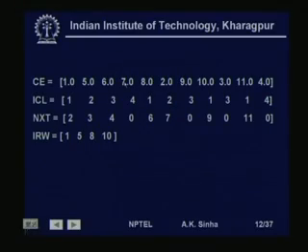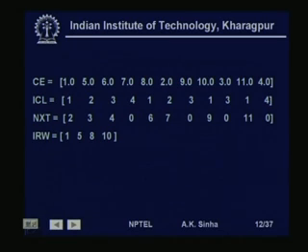So, 8 into 1,000,000, that is 8,000,000 or 8 megabytes, will be required for a 1000 by 1000 matrix, whereas for this sparse matrix you will require 8 into 4000, that is 32,000, plus 4 into 4000, which will be again 32,000, so 64,000, and this will be 4,000.